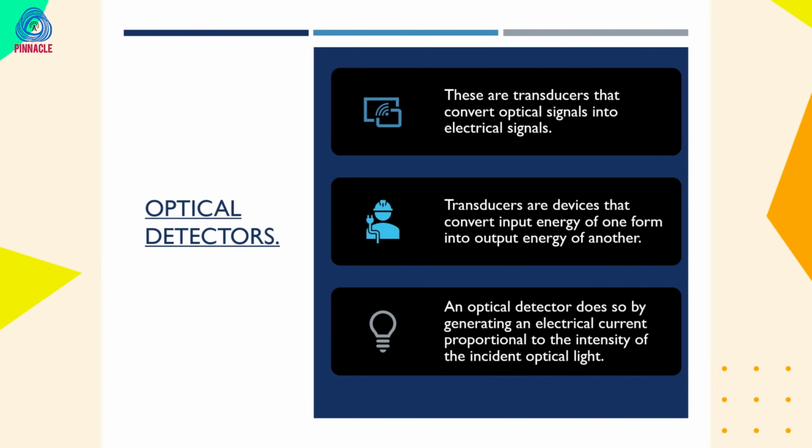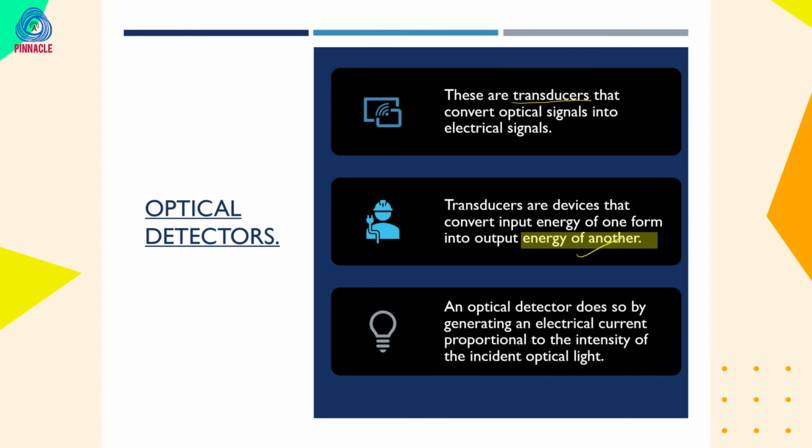The optical detector is the main block in the fiber optic receiver block diagram, and it is actually a transducer that converts optical signals into electrical signals. We know that transducers are devices that convert input energy of one form into output energy of another.